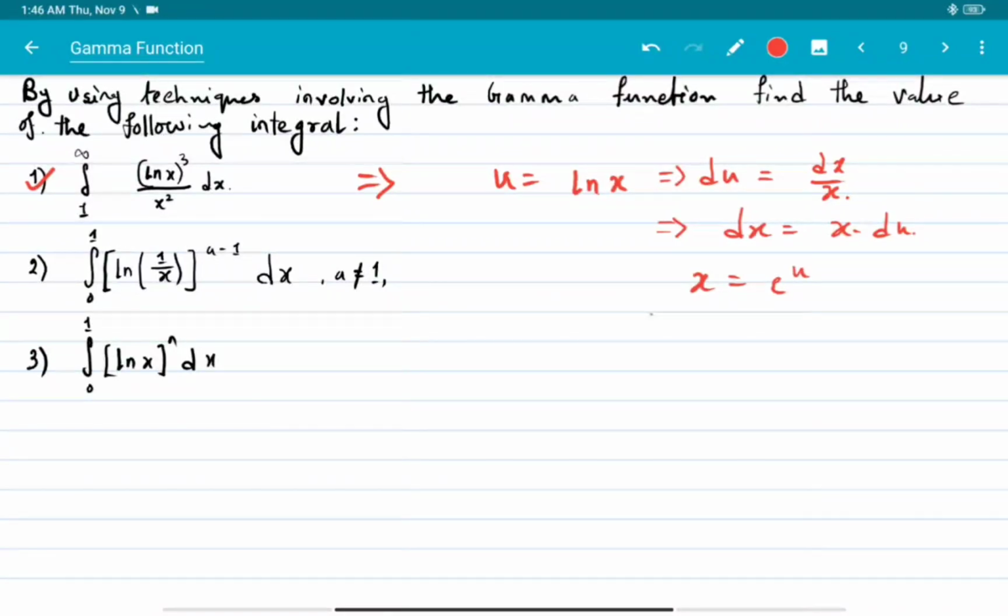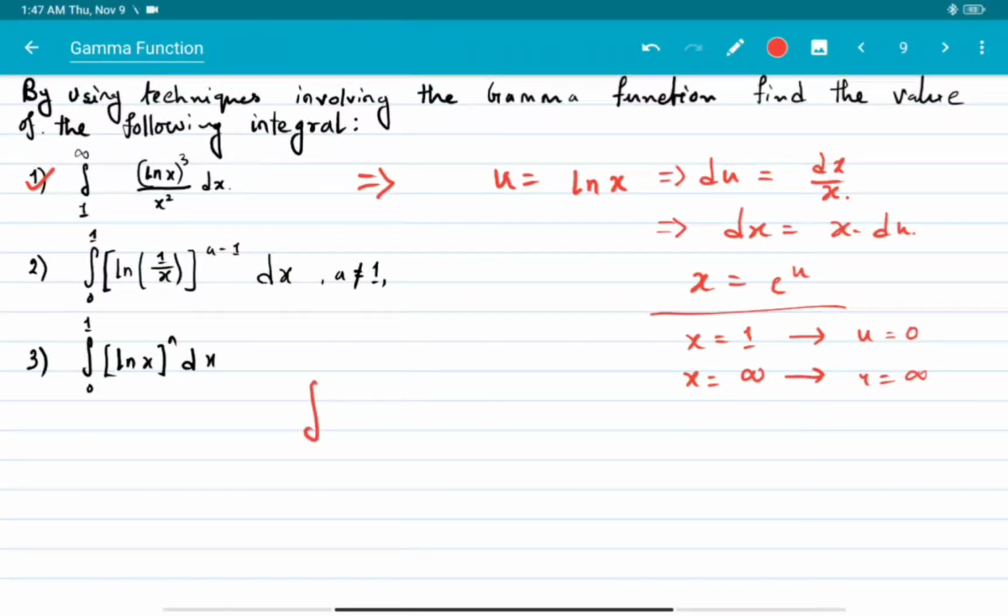And as x equals 1, our limit u starts from 0, and when x tends to infinity, our limit u equals infinity. So we can do the substitution this way.